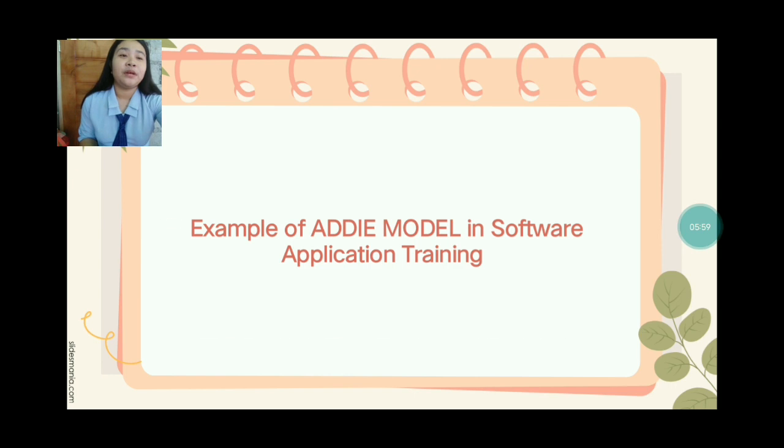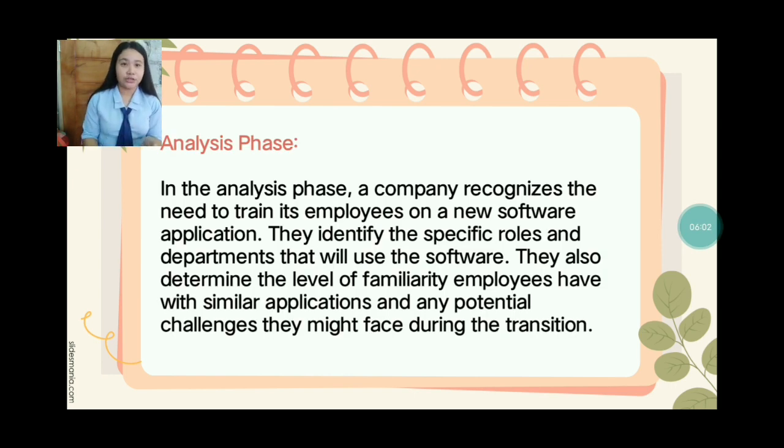In the analysis phase, a company recognizes the need to train its employees on a new software application. They identify the specific roles and departments that will use the software. They also determine the level of familiarity employees have with similar applications and any potential challenges they might face during the transition.